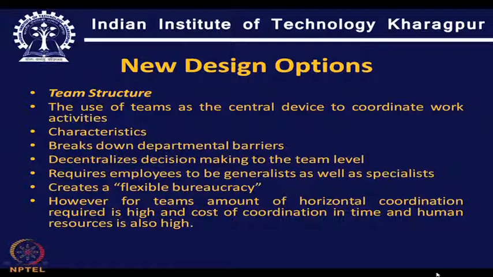The characteristics of team structure are that it breaks down departmental barriers, enhances communication, has decentralized decision making from the team level, requires employees to be generalists as well as specialists, and creates a flexible bureaucracy.